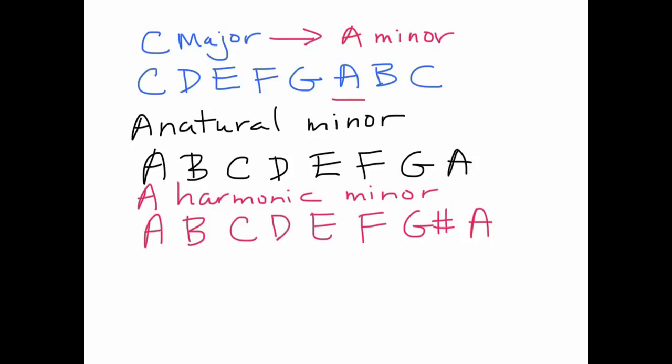We're going to do one more version of the minor scale, and in order to reduce the space between F and G sharp, we're going to raise the F to sharp as well. So now we have A, B, C, D, E, F sharp, G sharp, and A. Now let's listen to what that sounds like so far.